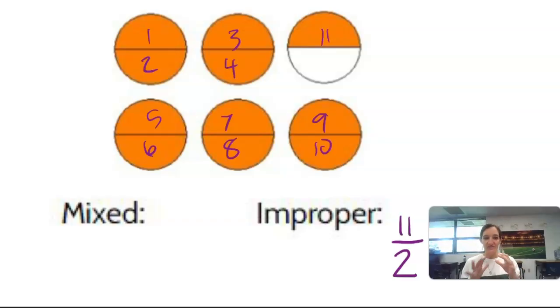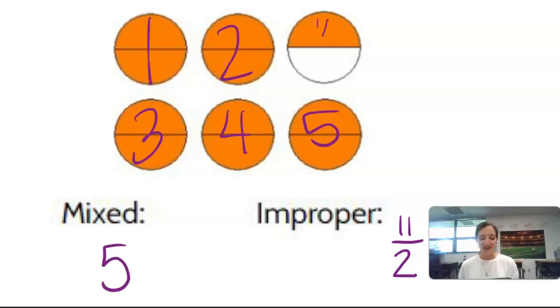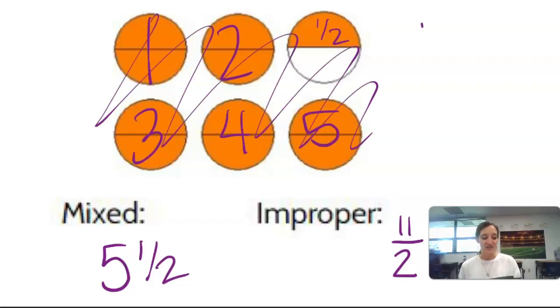Now I could visually see that if I just wanted to write it in the mixed number form, I have 1, 2, 3, 4, 5 whole pizzas and a half of a pizza left over, right? But if I didn't have this beautiful visual and all I knew was that there were 11 halves, I could tip that over and say, all right, well, 2 will go into 11 5 times.